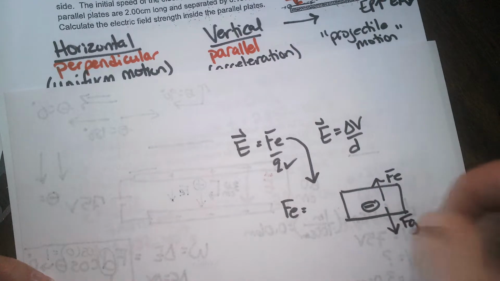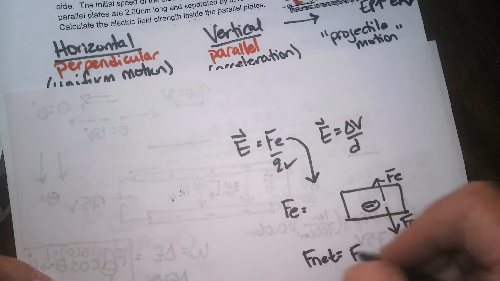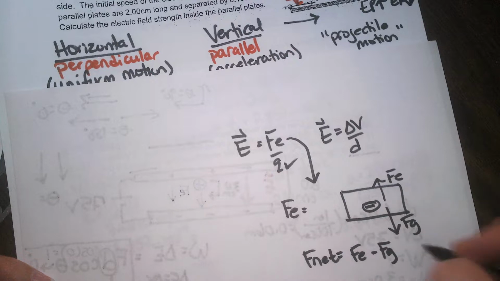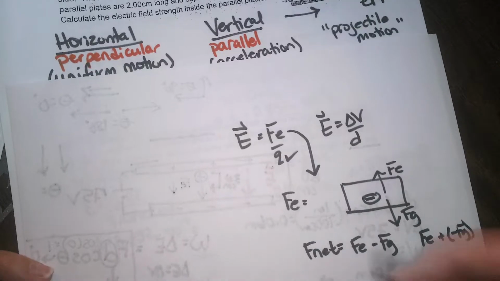Force of gravity. So force net would be force electric minus force of gravity, or force electric plus negative force of gravity, however you want to look at it. Okay?